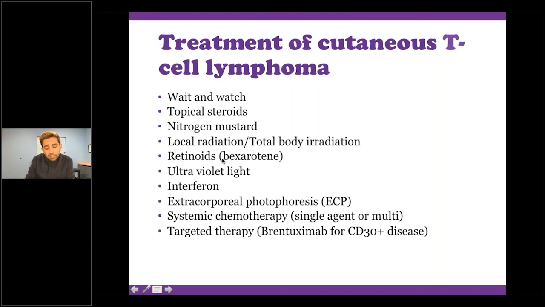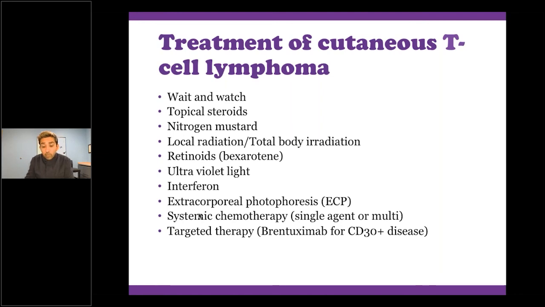There are agents like retinoids, which we use, and sometimes we also use things like ultraviolet light, which has shown some improvement in these lesions. And a lot of other treatments are available, but unfortunately, none of these treatments work that well.